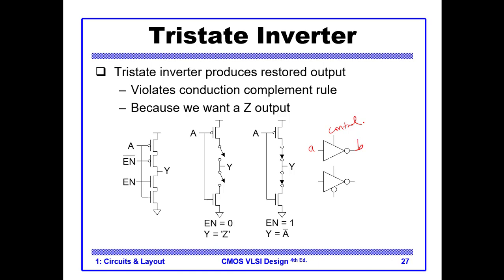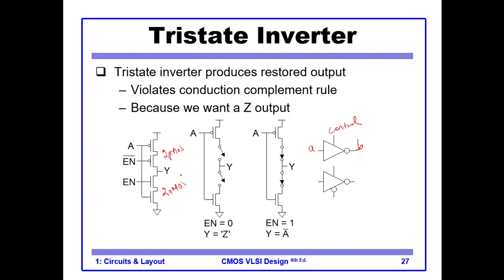So you want this tri-state inverter circuit. And how can we build this? We can build this by combining 2 PMOS and 2 NMOS transistors.